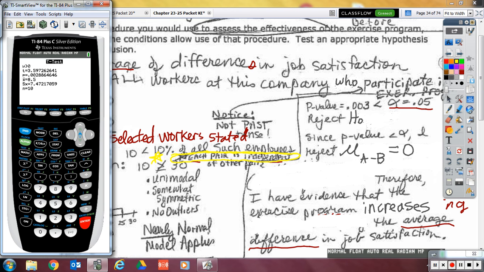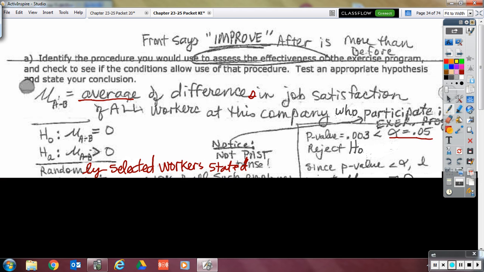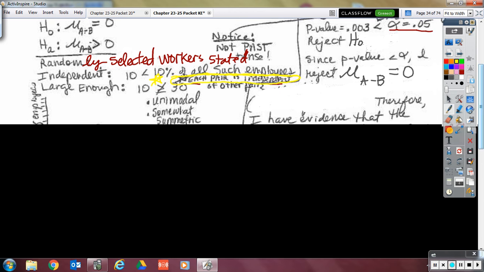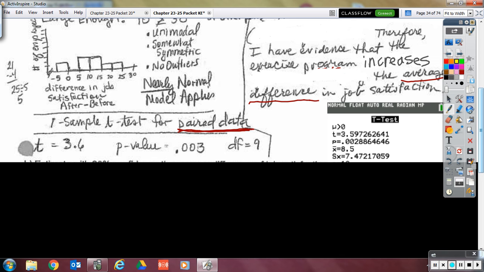And so we get a t-score of 3.6, a p-value of 0.03, and must include the df. Don't forget the df.